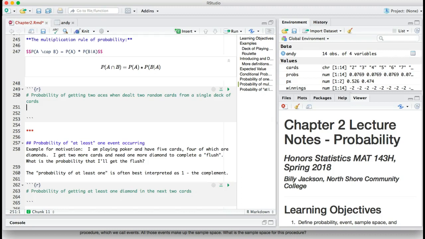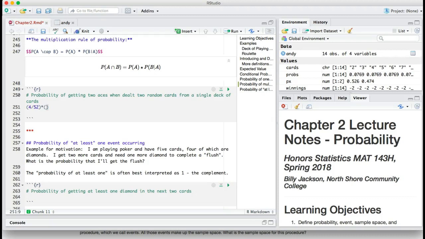An example that we've seen earlier today: what's the probability of getting 2 aces when dealt 2 random cards from a single deck? So what's the probability of event A occurring, which is getting that first ace? It's 4 out of 52. Then we're going to multiply it by the probability of an ace on your second card.